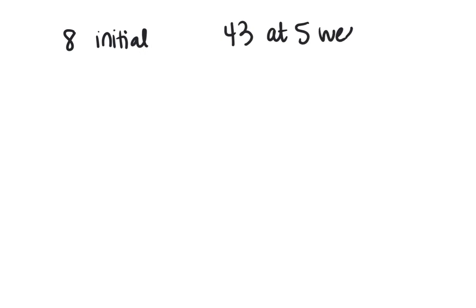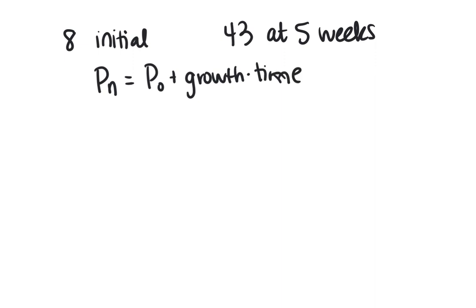Now let's take a look at 16. This is a little bit closer to where we were at the beginning of this problem set. So we have an initial population of 8. And we know after 5 weeks, we have 43. But what's a little bit different here is when we're trying to solve our equation, we have our initial plus our growth times our time.